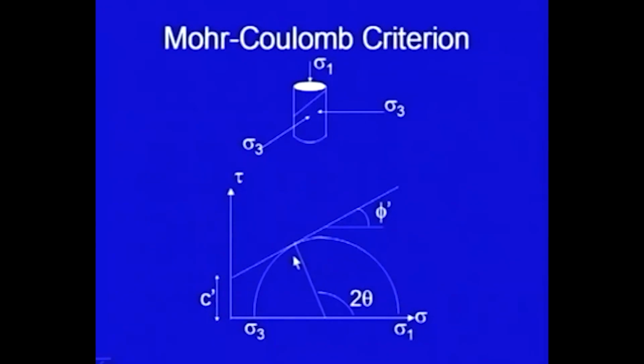So, the condition for failure is, this is the failure envelope, and the failure envelope touches this circle. When the circle touches it, it is the limit equilibrium case. So, the sample is just at the verge of failure. So, at angle 2 theta here, this point represents just the limit equilibrium condition.